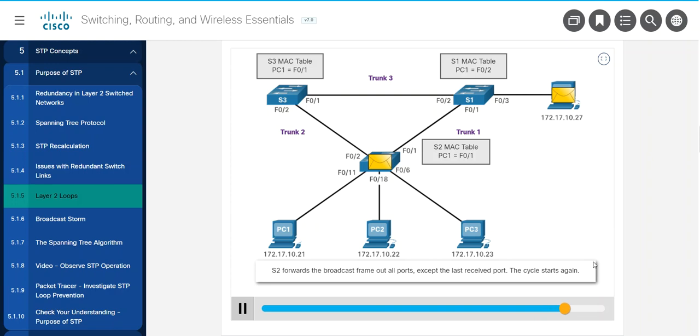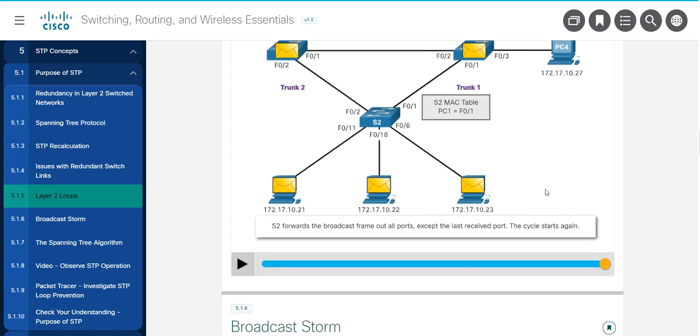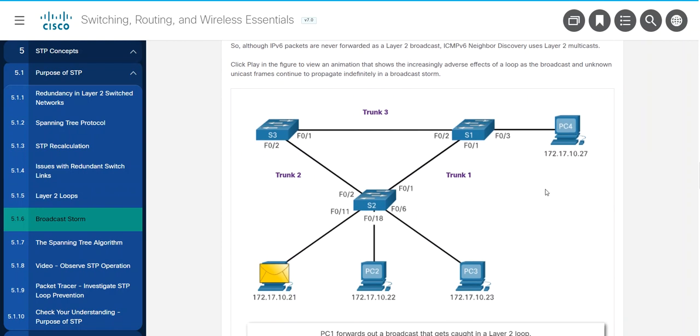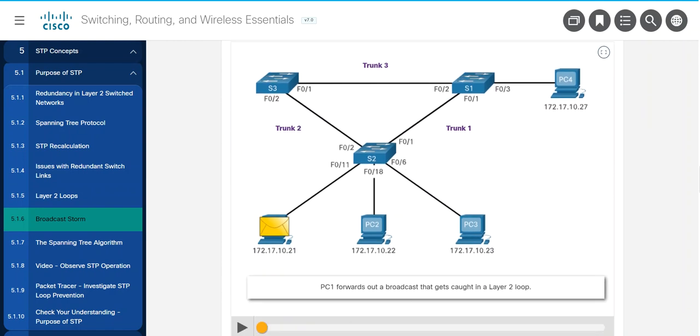If you're not careful, if you don't have a spanning tree protocol in place and it moves throughout a network like this, you can get loops in your network, otherwise known as broadcast storms, because they're broadcasting out this information. Now, this is a really small network, but if you get a really large network, it can be a matter of seconds before something like this would take down the entire network.